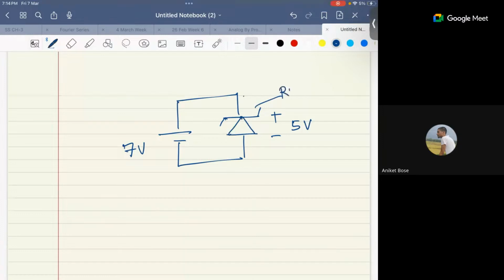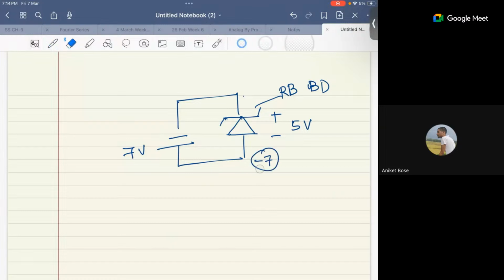Now you are saying I am attaching like this. Now 7 volt. Correct? Yes, sir. But then also the potential difference across this diode is what? -7 volt, right? If you are taking the -7, the direction will be like this, positive on the upper side here. This is what you are saying.